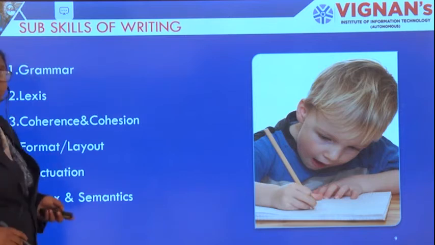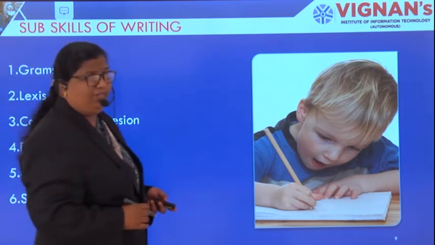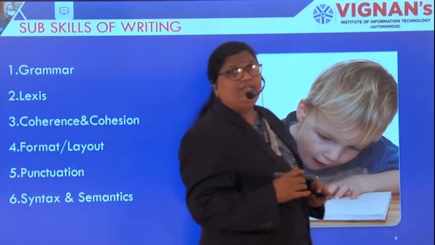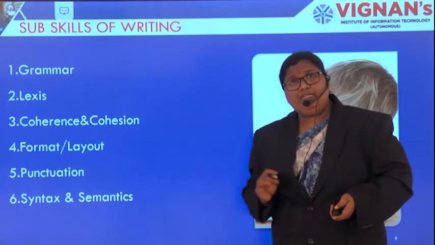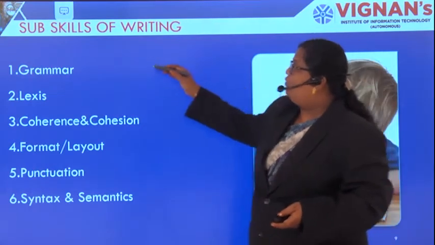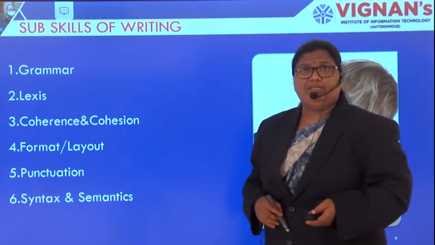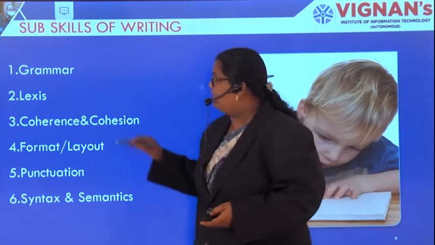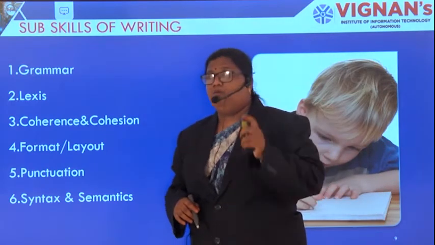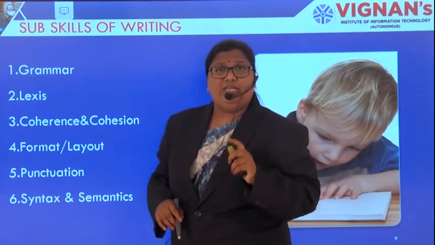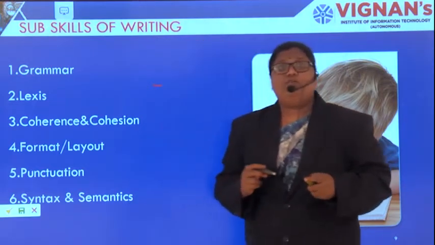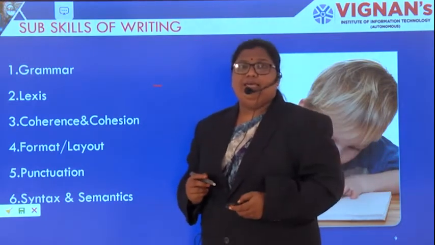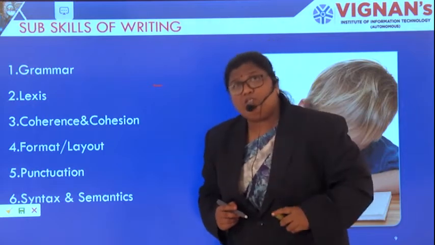Now the next one is vocabulary, because you have seen the sub skills of listening, speaking, reading. Now for writing, what are the sub skills of writing? So the first thing is grammar, because sentence structure is very, very important. Sentence structure is very, very important when you are writing, and the usage of vocabulary is very important.